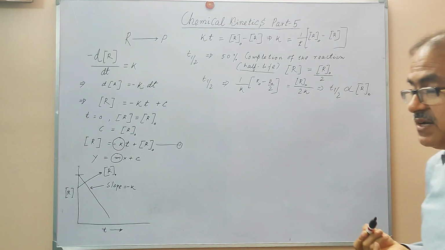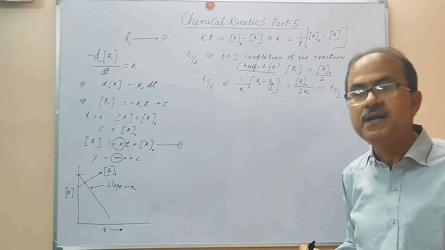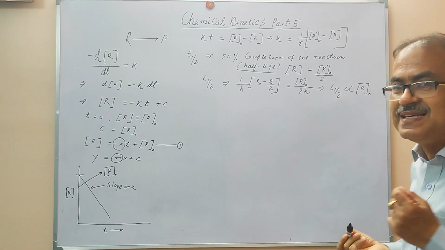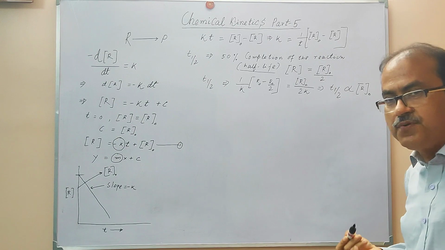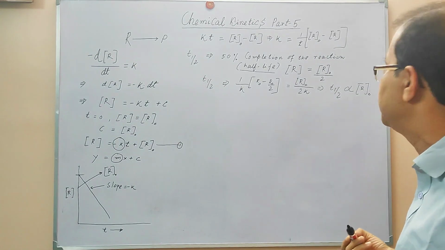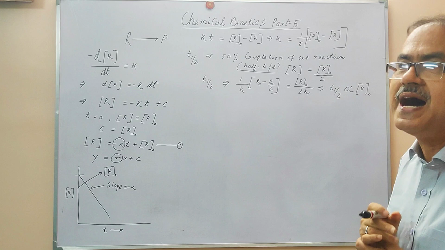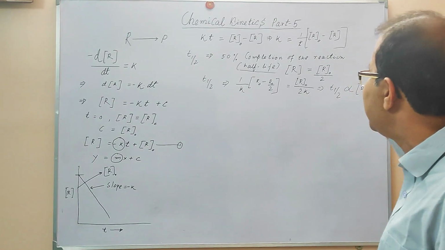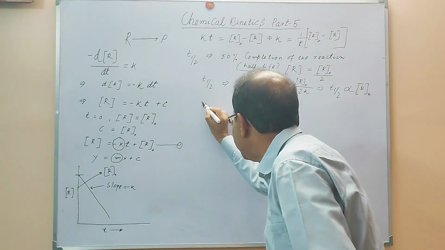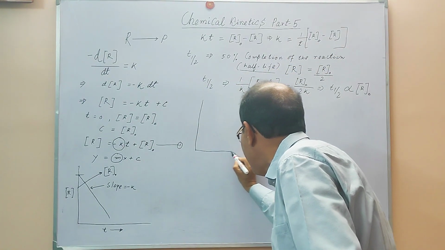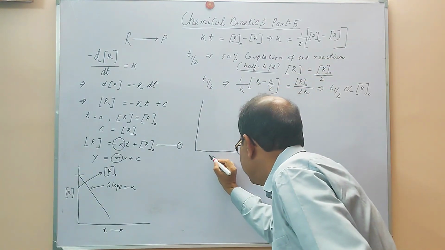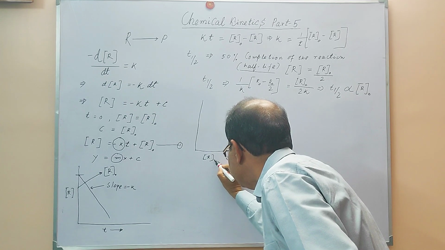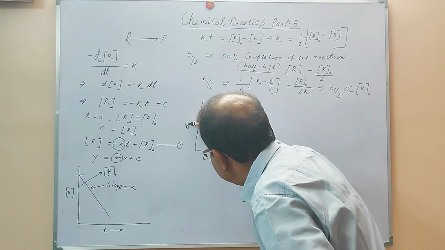For the zero order reaction, that is a very important thing that you must remember, and in the exam this type of question must come: what is the relation between t half and the initial concentration of the reactant, and it will be directly proportional. So we can make a curve out of that. Suppose this is initial concentration, and it is t half.